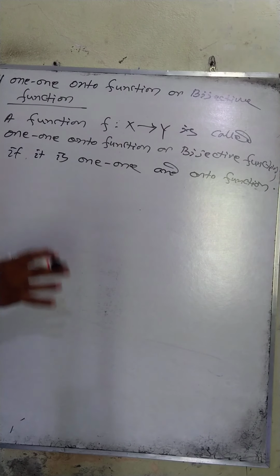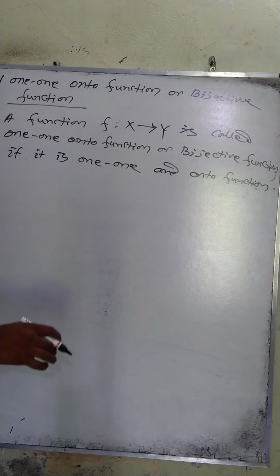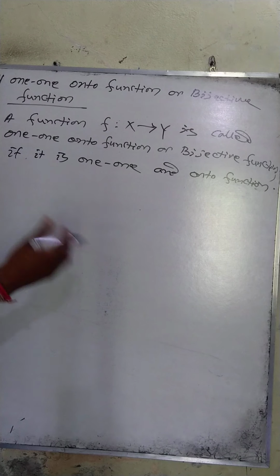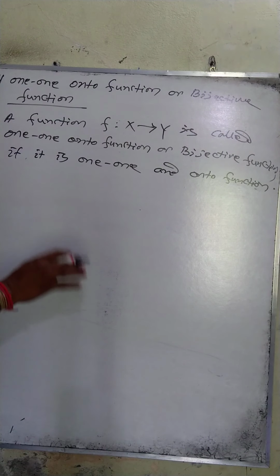That means if a function is one-one or injective and also onto or surjective, then we call it a bijective function.